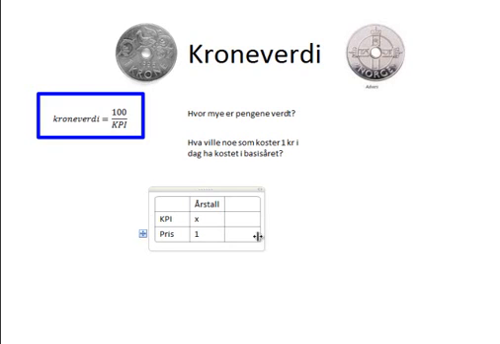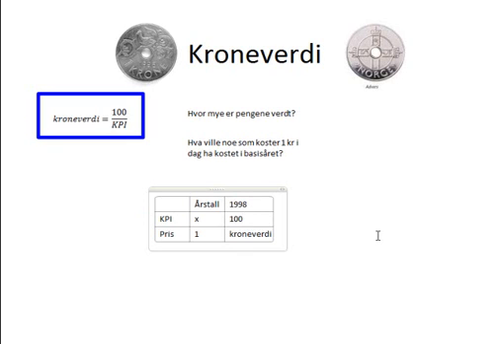And the price for the year we're looking at is 1. It's 1 krone. And the price for 1998, the base year, that is the kroneverdi. I just enter 1998, and index 100 for the base year.